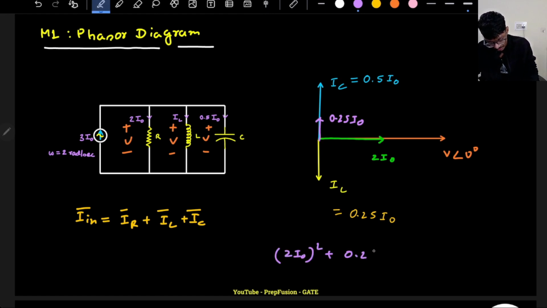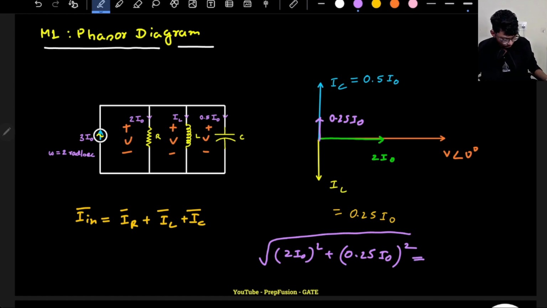I'm just talking about the magnitude, I'm not concerned about the angle. So what am I getting? It is coming out to about 2.01, something lower, and it will always come out lower.